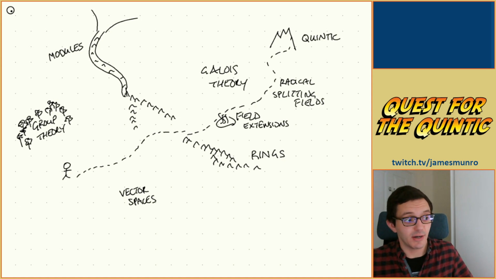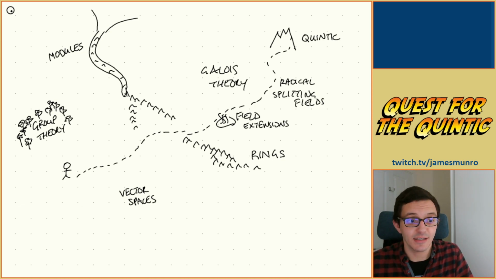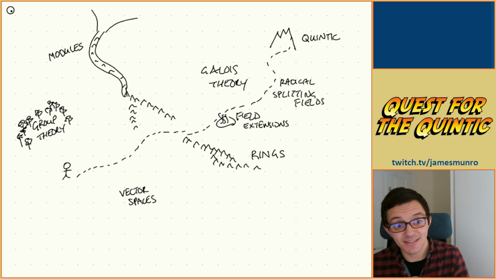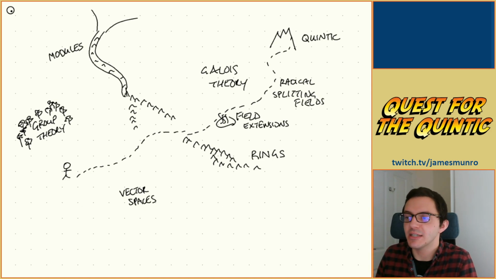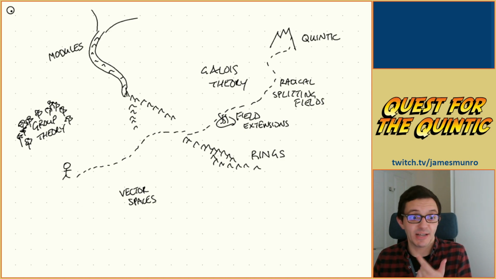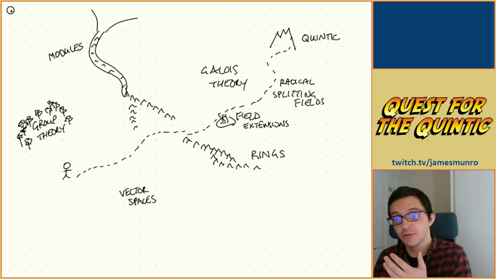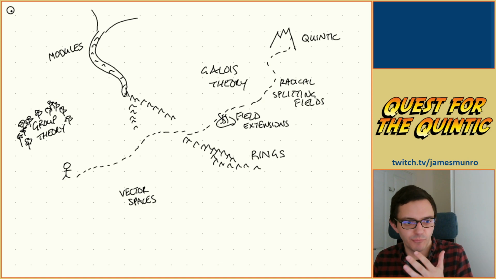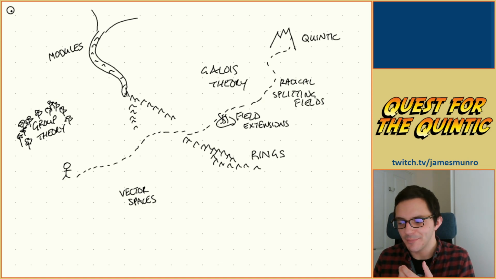This is the quest I'm on, the thing I'm trying to understand. The fact about Quintics over there is that you can't always solve Quintics using addition, multiplication, subtraction, division, and radicals, roots, like an nth root.